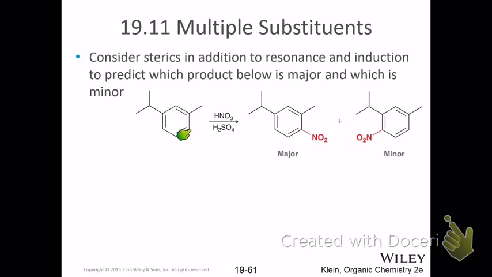And you notice this position is para to this and ortho to this. The minor position, that's this here, is para to this and ortho to this. So both of those positions are favored. What's the one position that's favored that you don't see a product for?